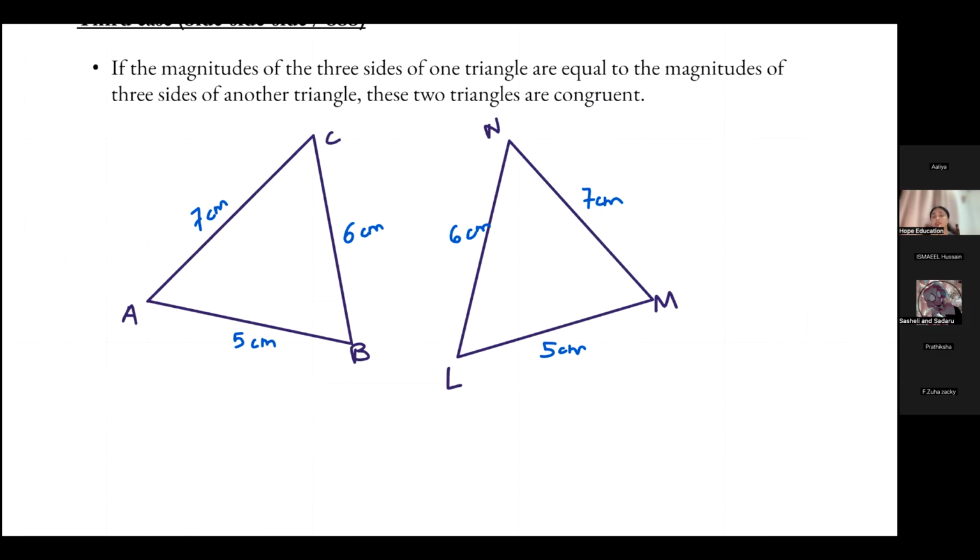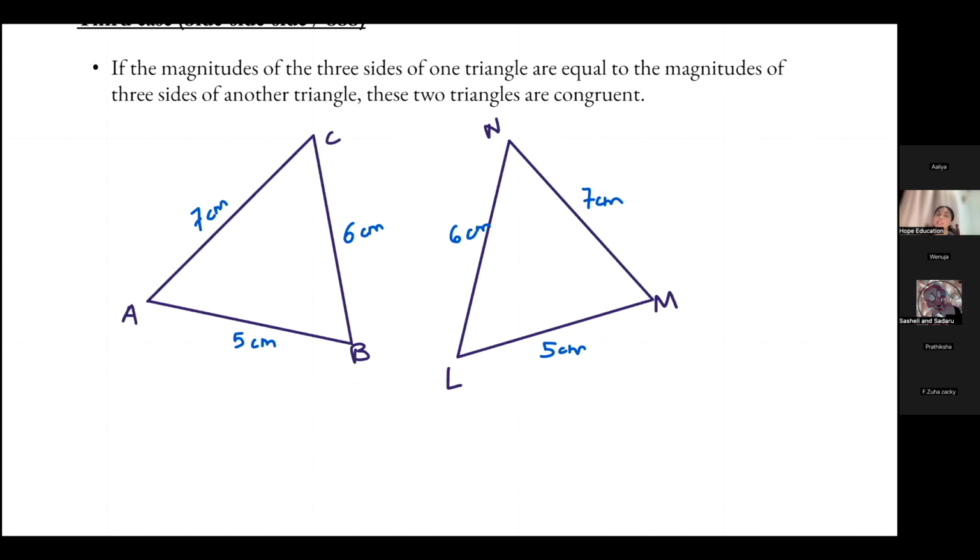Since all three are sides, not angles, we can say this is another condition where the two triangles are congruent under the SSS case.